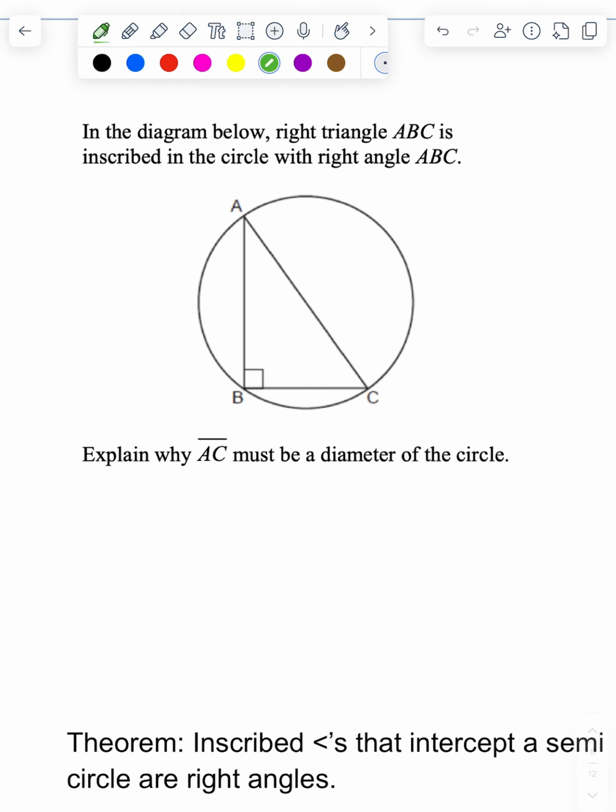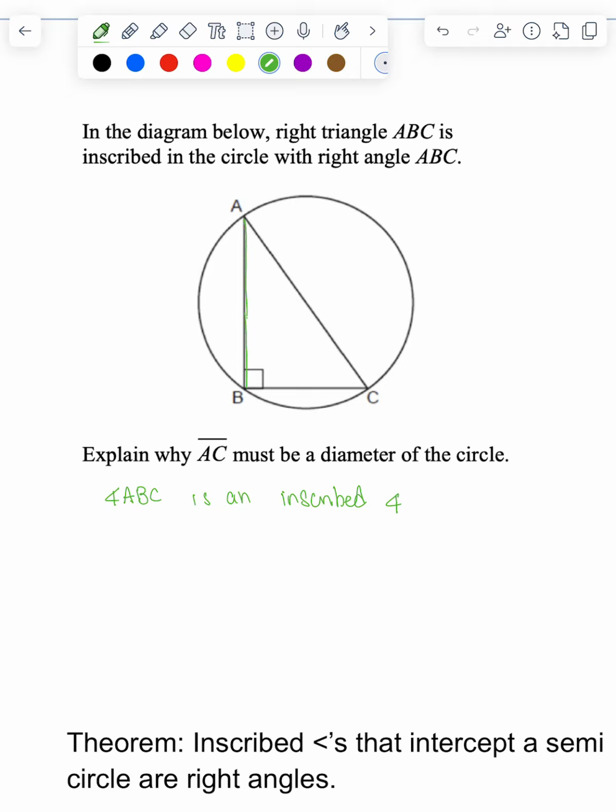Here we have another example. In the diagram below, right triangle ABC is inscribed in the circle with a right angle at angle ABC. Explain why AC must be a diameter of the circle. So angle ABC is an inscribed angle.